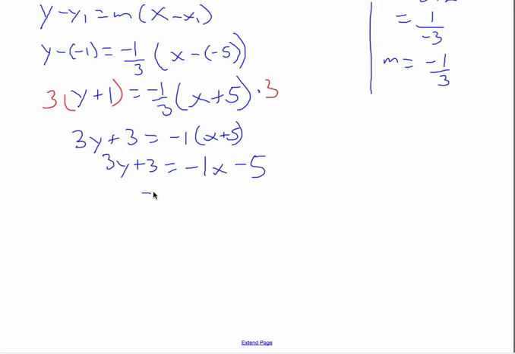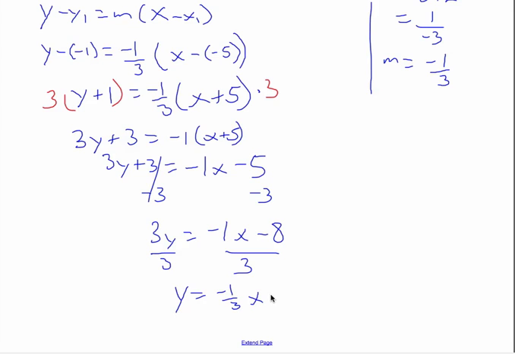And solving for y, we'll subtract 3. 3y equals -1x minus 8. And lastly, we're going to divide by 3. So y equals -1/3 x minus 8/3 is your final answer.